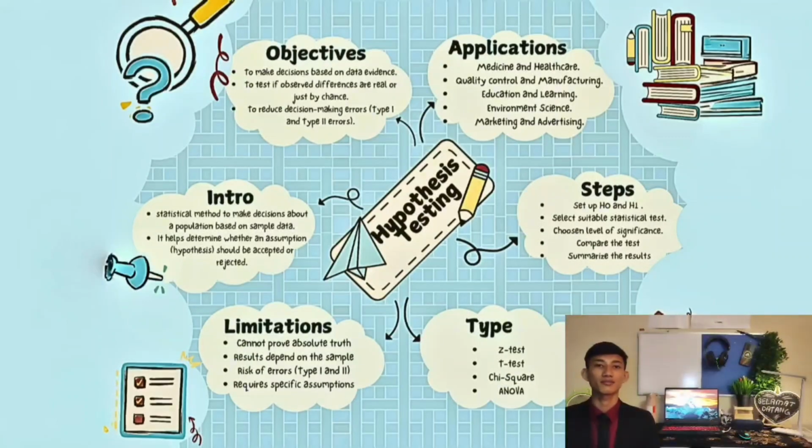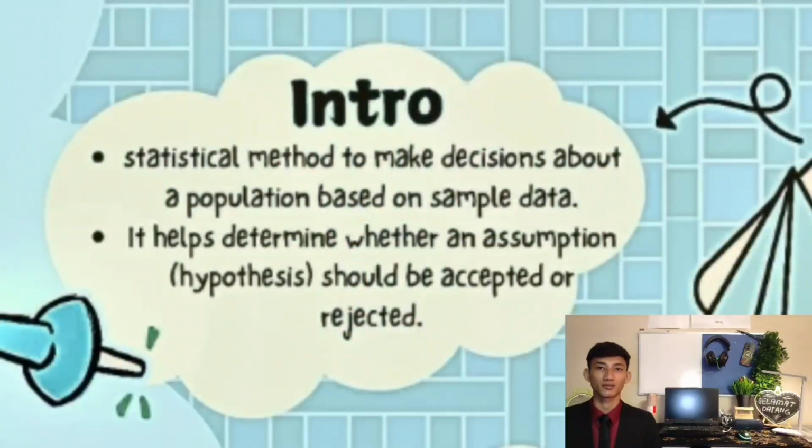I'm from DPM 3. Before I start, I want to give an introduction about hypothesis testing. Hypothesis testing is a statistical method to make a decision about a population based on sample data.